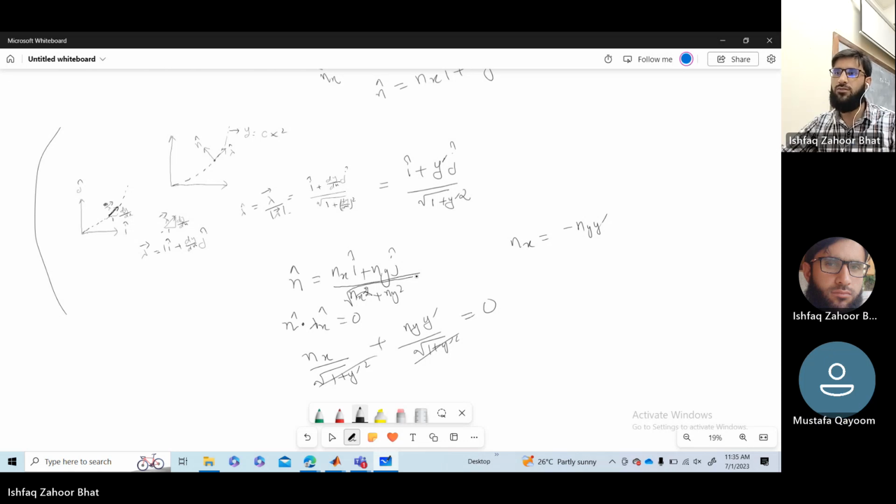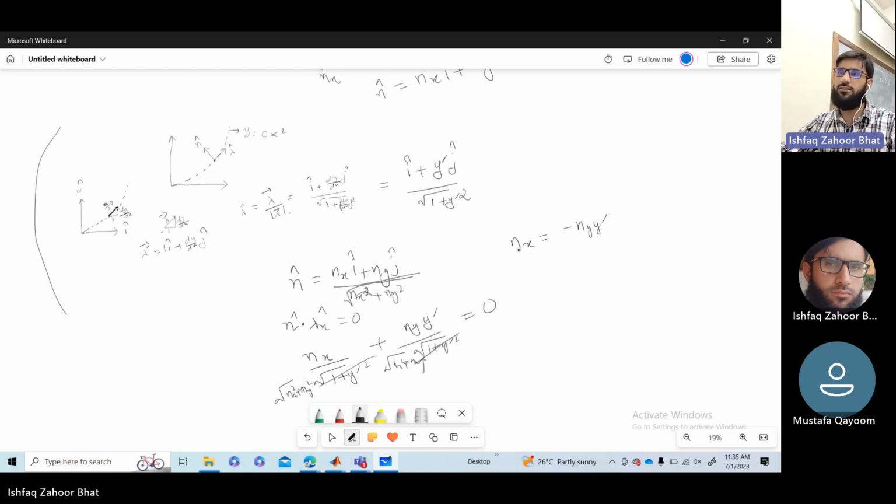Yes, this I should do, and then that will come out and become 0. That is a secondary thing, but I should write nx square plus ny square. Similarly, nx square plus ny square. Okay, this will again come to 0, but this was important.